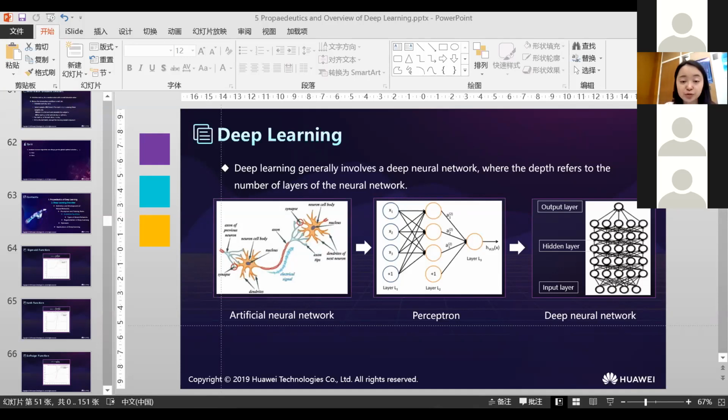We will use backpropagation. So what is backpropagation? The information is transferred from the input to the output layer, and then we receive the prediction value. Then we compare the prediction to the actual label and get a loss function.